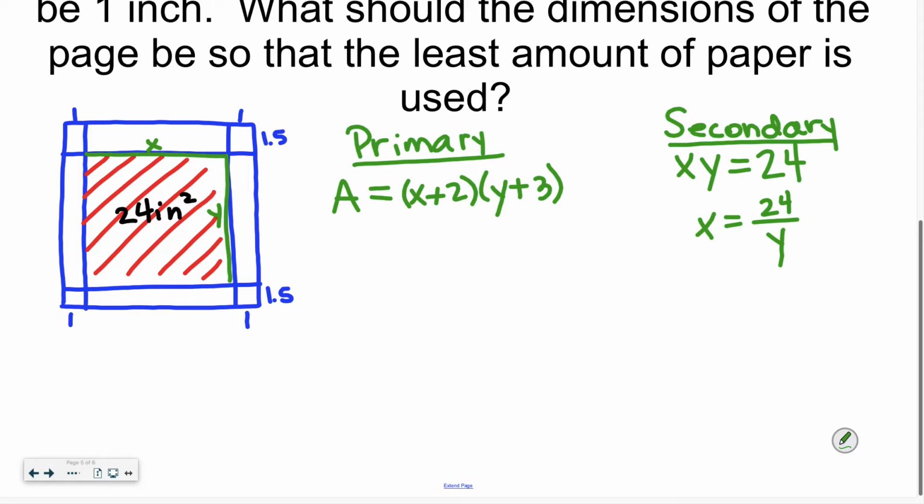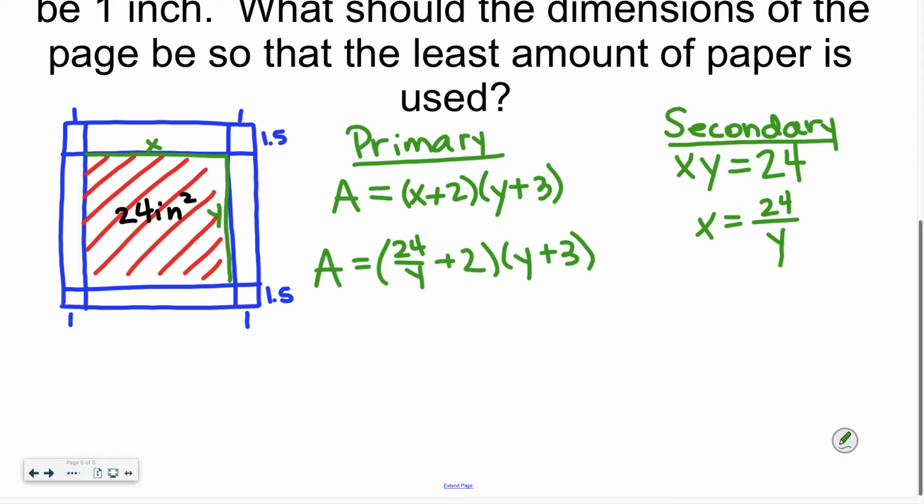Okay. So x is 24 over y. So we're going to go ahead and substitute that in. Okay. And let's go ahead and just take a different approach today. Last problem we took the product rule, right?